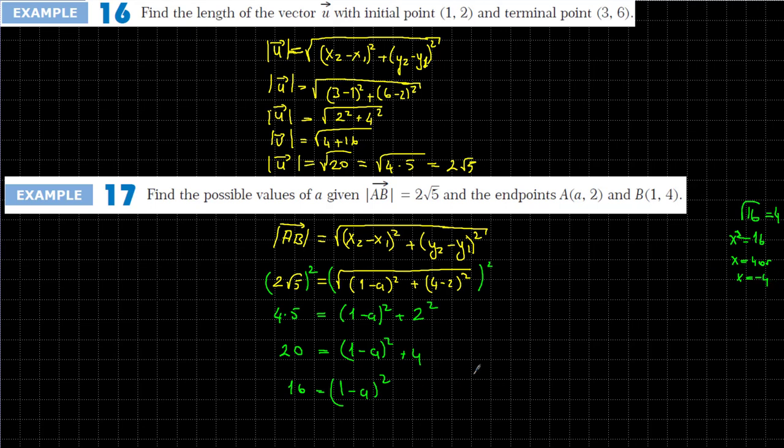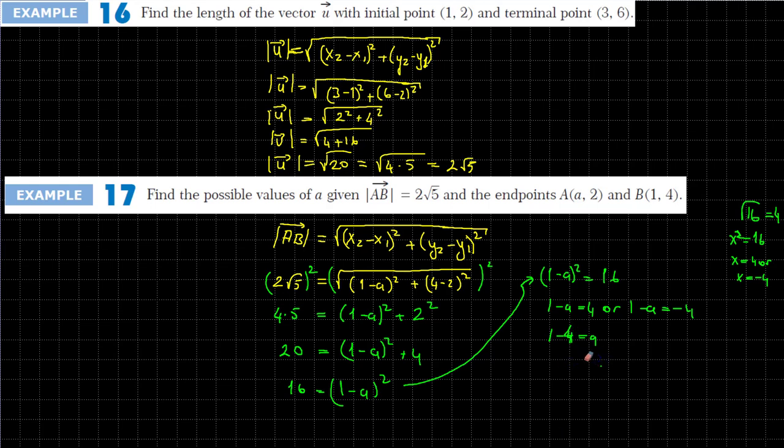That's why, if (1 minus a) squared is equal to 16, 1 minus a should be equal to 4, or 1 minus a should be equal to minus 4. Then 1 minus 4 is equal to a, and a is equal to minus 3.